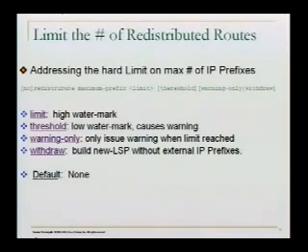And the threshold is what percentage is reached before I give you a warning message, which is 75%. And warning-only means that if I reach a certain threshold, it's just going to generate a warning.